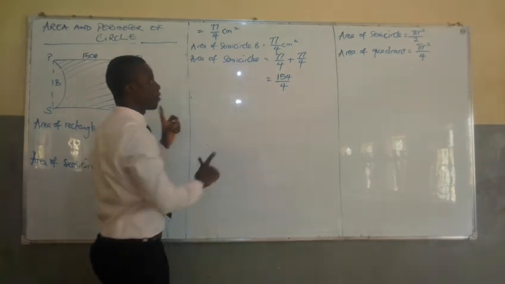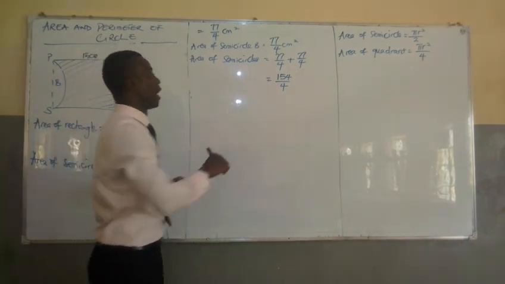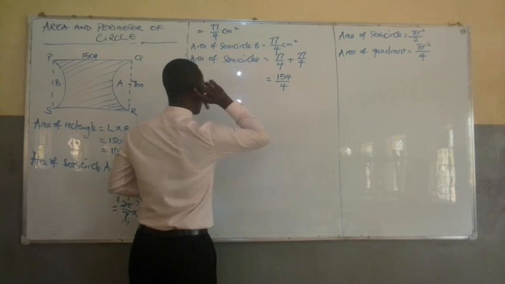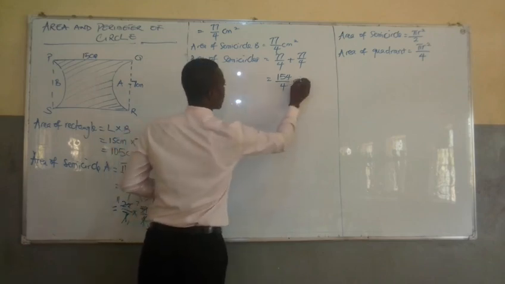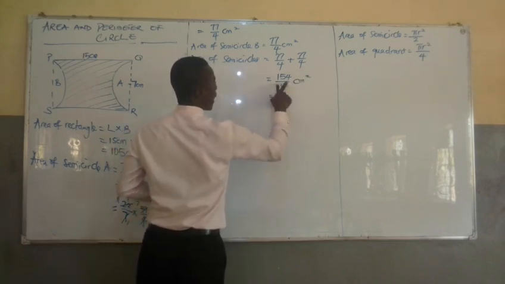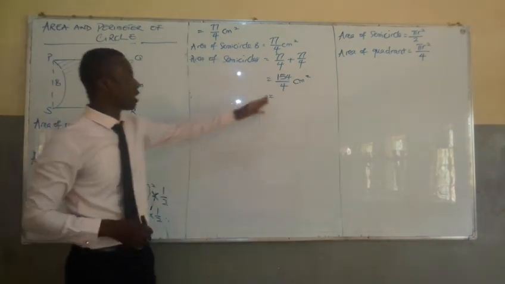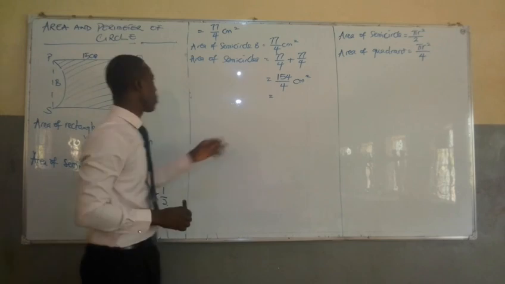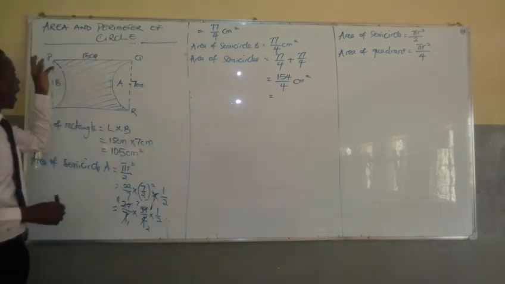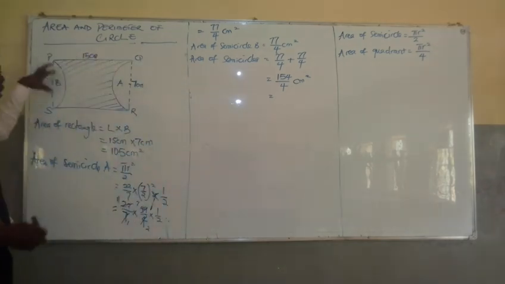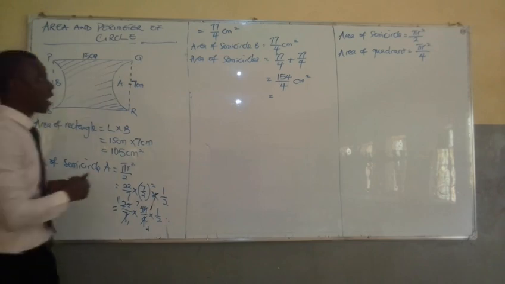So now, can 4 go in here? Let's find out. This is centimeter square. 4 cannot totally divide this without giving us a decimal. Anyway, I'm going to leave it in fraction and then subtract it from the area of the rectangle.